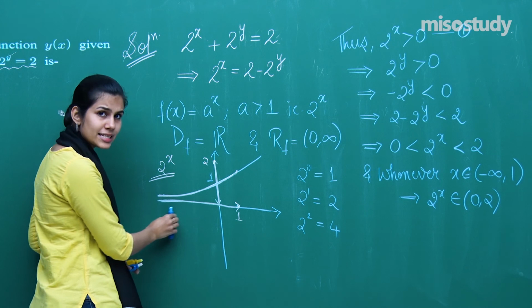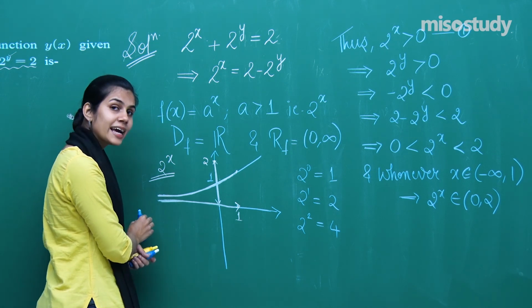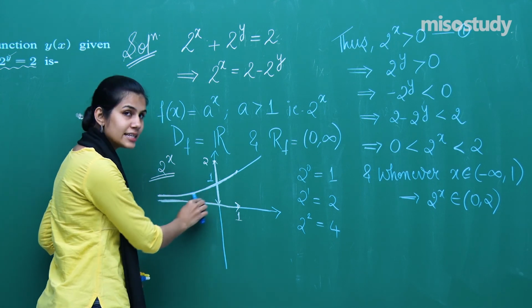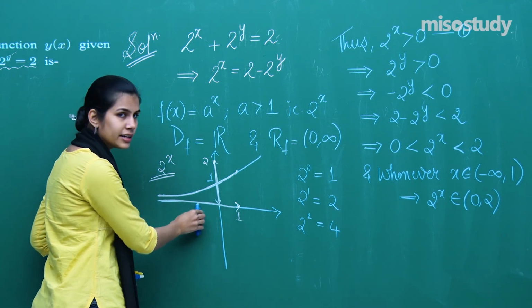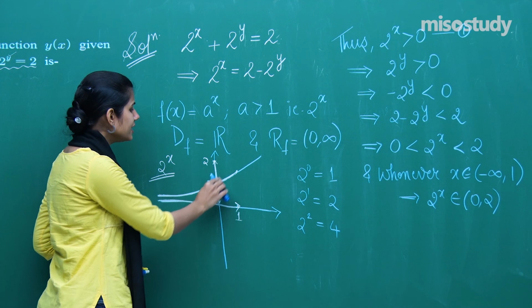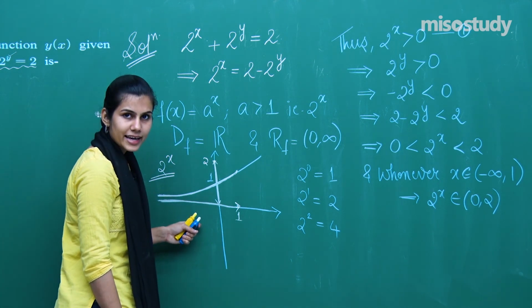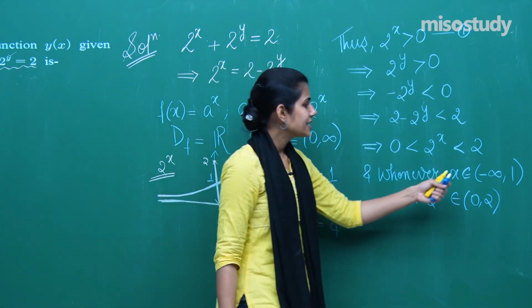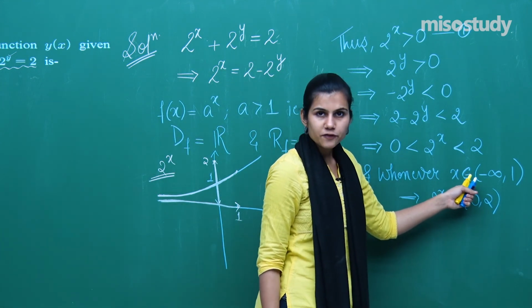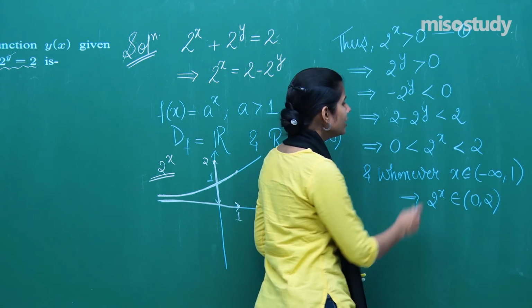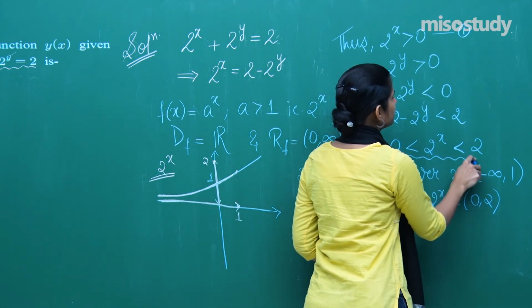Whereas, as much as I want to go to the left on the real line, I can go, because this graph is decreasing. It is less than 1 for every real on the left-hand side. Definitely it is less than 2 also. And that is why I get that whenever x is sitting inside (minus infinity, 1), 2 to the power x belongs to (0, 2), which is this expression.